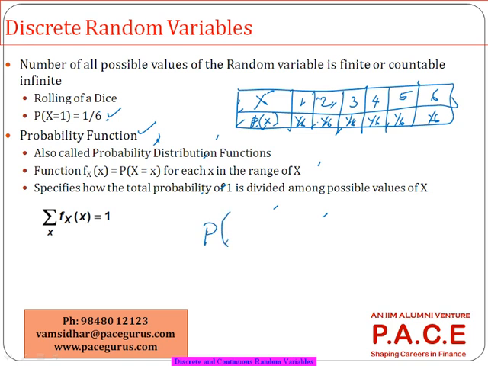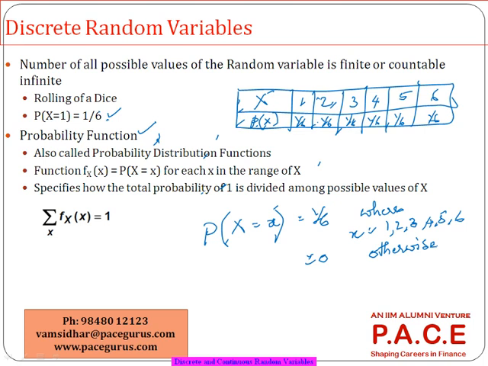The same thing, what people will write is probability that x equal to x is equal to 1 by 6, where x equal to 1, 2, 3, 4, 5, 6, and this is equal to 0 otherwise. Look at it. Is it the same as that table?